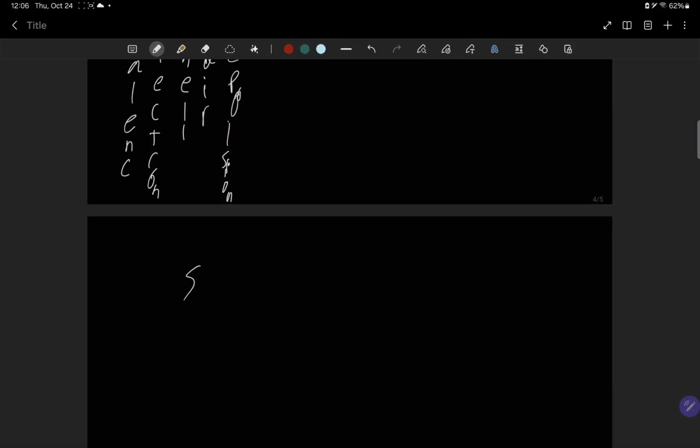So sulfur's going to be 1, 2, 3, 4, 5, 6. It'll probably end up being like this, just so those are separated. So in order for this to have the full 8, it's going to need plus 2 electrons.